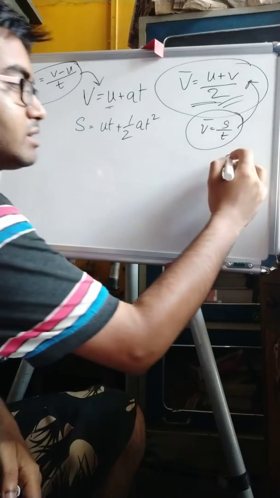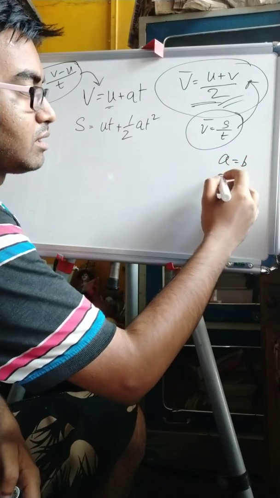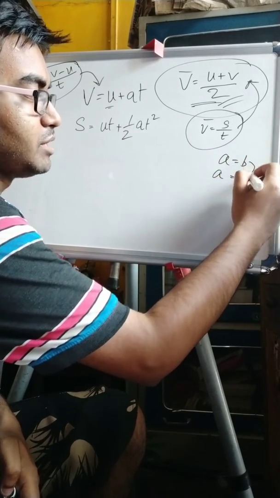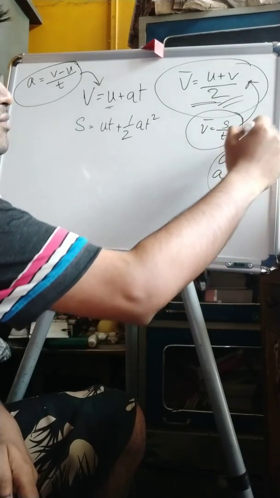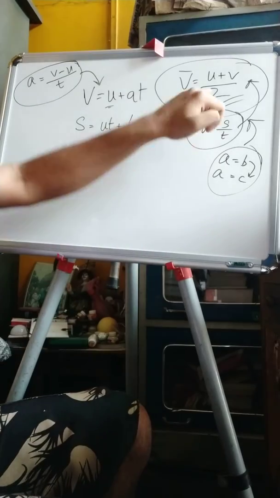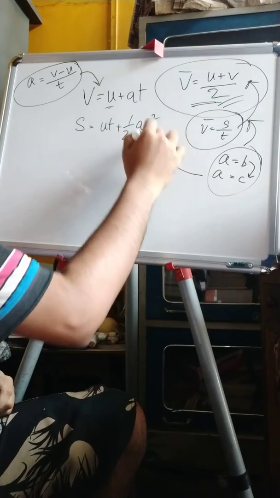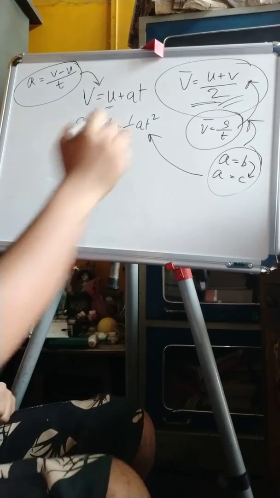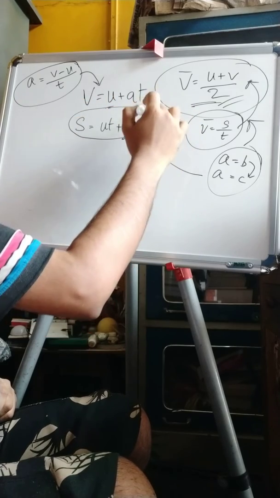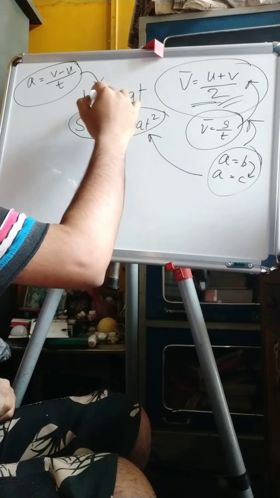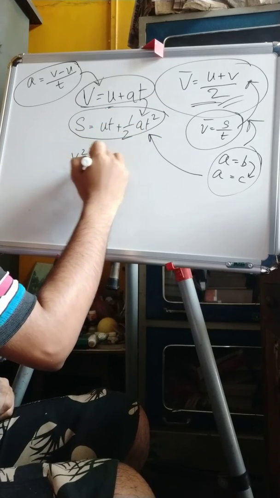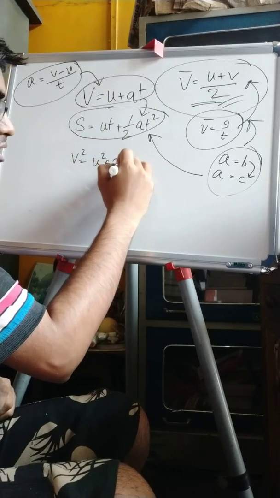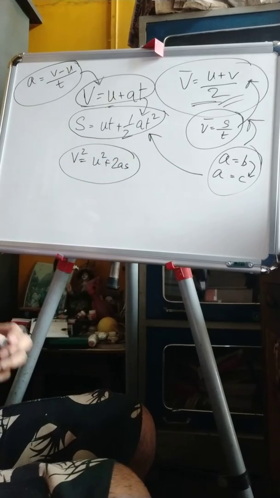So if a is equal to b and a is equal to c, then obviously b is also equal to c, right? We have used this logic and derived this equation. Now applying this formula into this equation, we have derived v square equal to u square plus twice of as. It should be very simple.